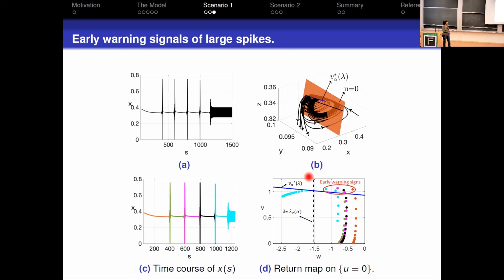This will then indicate that the system has already experienced a regime shift. So we could find early warning signals of a spike, as well as detect the timing of the regime shift, by understanding what is happening near the fold curve through a normal form analysis.